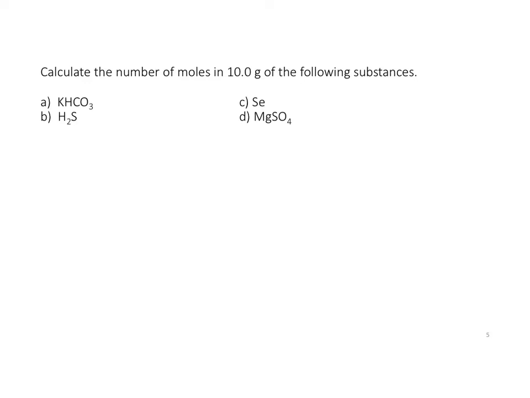Calculate the number of moles in 10 grams of the following substances. Our given is 10 grams of whatever the substance is, so for A, that would be potassium bicarbonate. The number of moles is the question, so we have to go from grams to moles. To do that, you need a conversion factor, and that's the molecular formula.